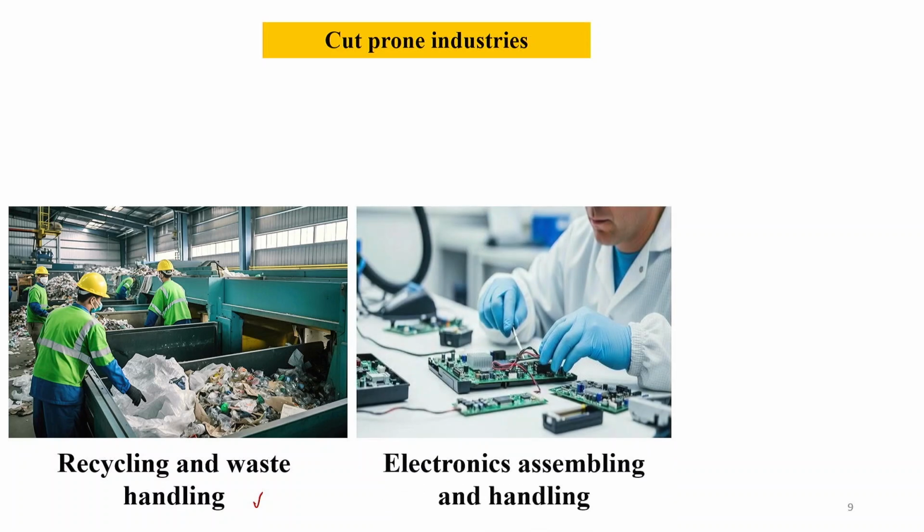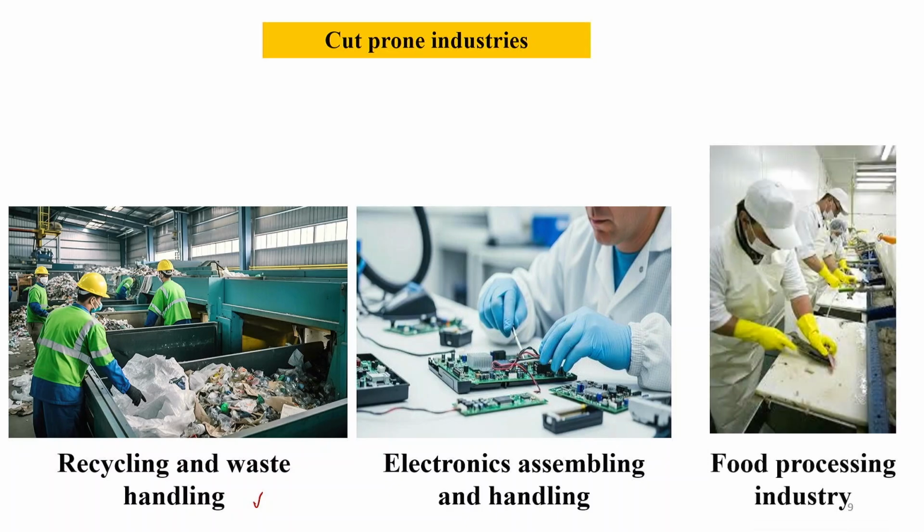Electronics industry: in the electronics industry people always handle sharp objects, in electronic assembling and handling, so there we need cut protective textiles. Food processing industries: there also they always work with sharp knives. These are some of the examples.